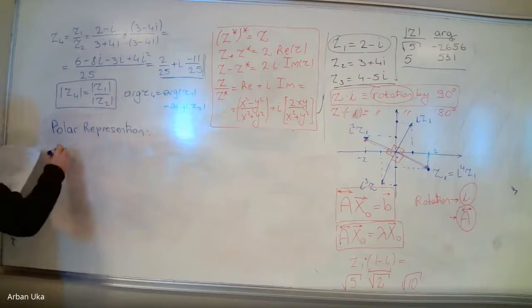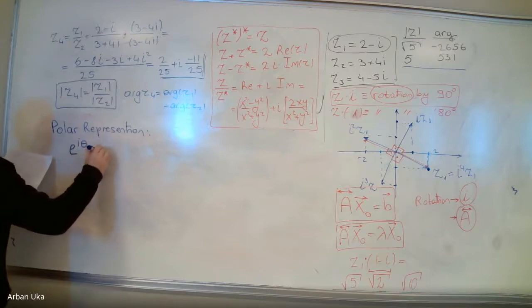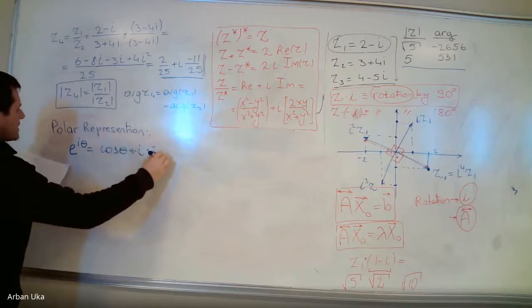The fundamental term that is often seen is the following: e to the power i theta is equal to cosine theta plus i sine theta.